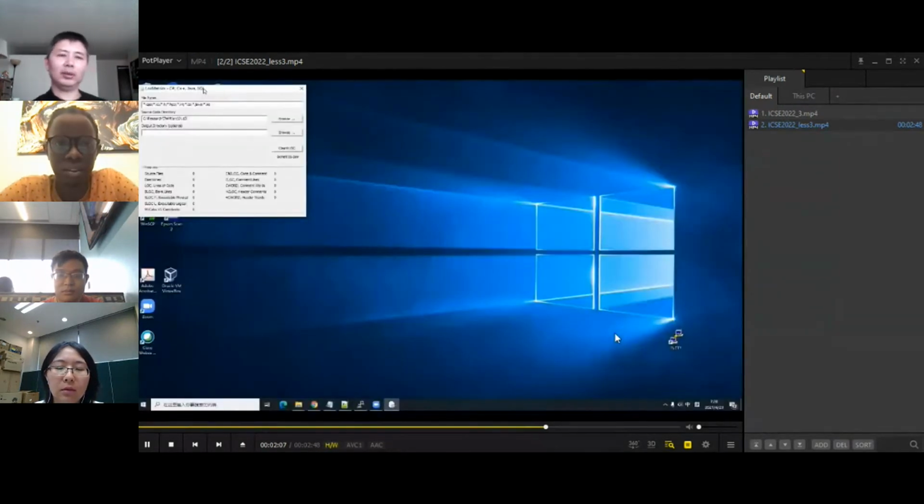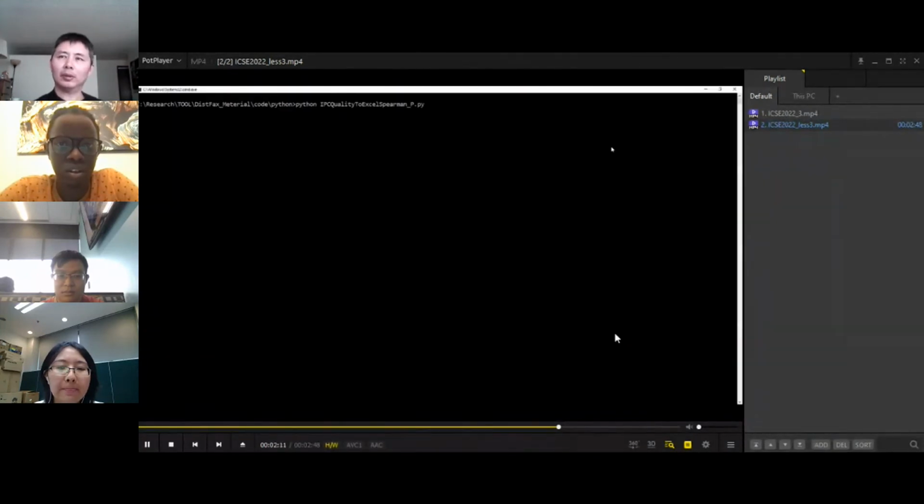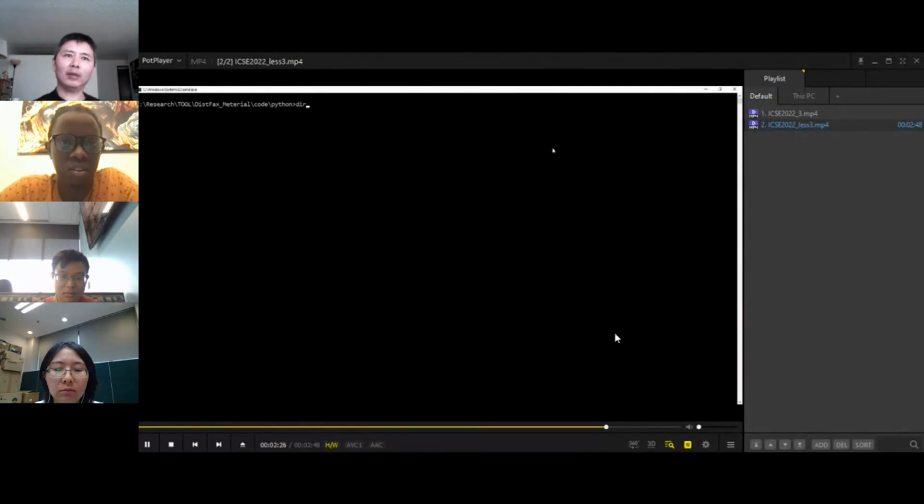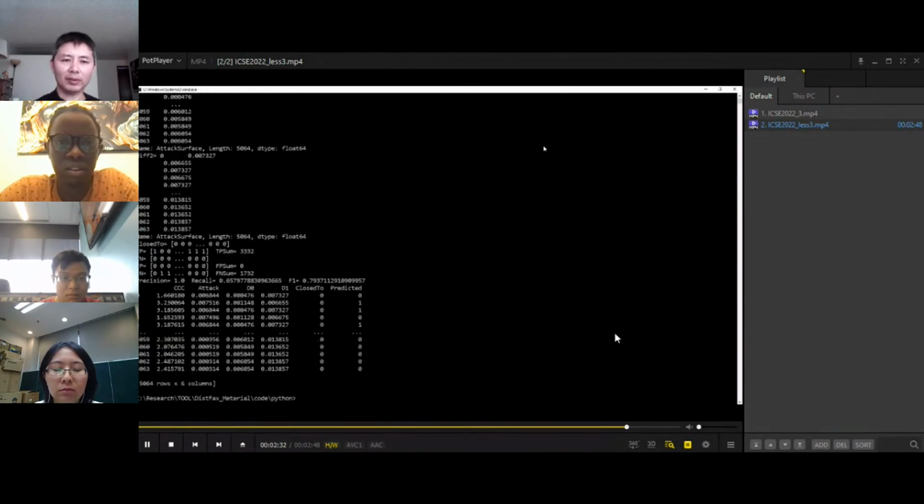I also use source code lines to normalize the quality metrics. In the last phase, I use Python programs to perform unsupervised learning and supervised learning. The k-means.